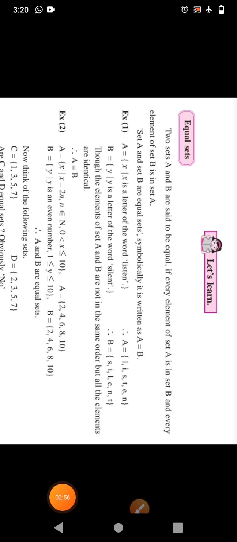Then we have solved many solved examples. Now let's solve practice set 1.2 based on this type of sets. Now let's see the first question. Question number 1 is, decide which of the following are equal sets and which are not.